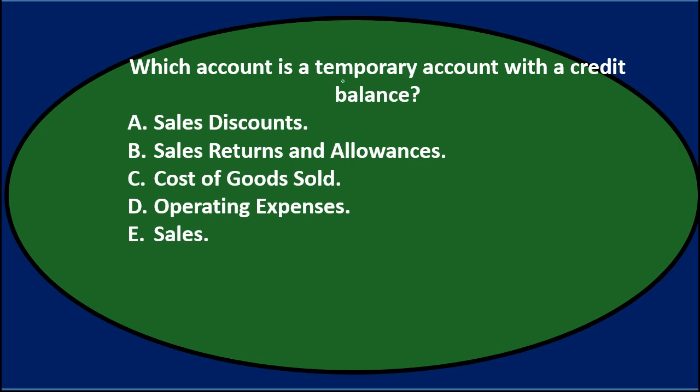Now, if we think about revenue and expenses, there are accounts that have debit or credit balances. All the expenses have debit balances, and the revenue accounts typically have credit balances. So you might think it's something to do with revenue. Looking at this question, which is related to merchandising companies, you might think temporary accounts relate to the closing process, a different topic.